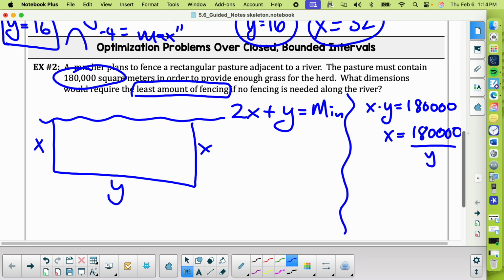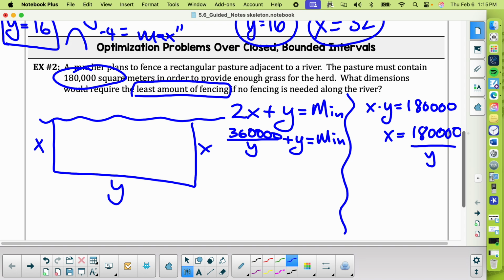Okay, over here, I'm gonna have 2 times 180,000, so 360,000 over Y plus Y. Your derivative can be done 2 ways. We could common denominator that to make quotient rule, or we can take the derivative of each individual term.